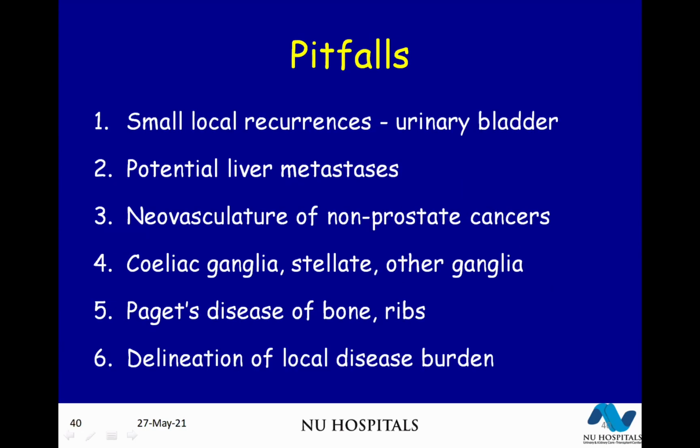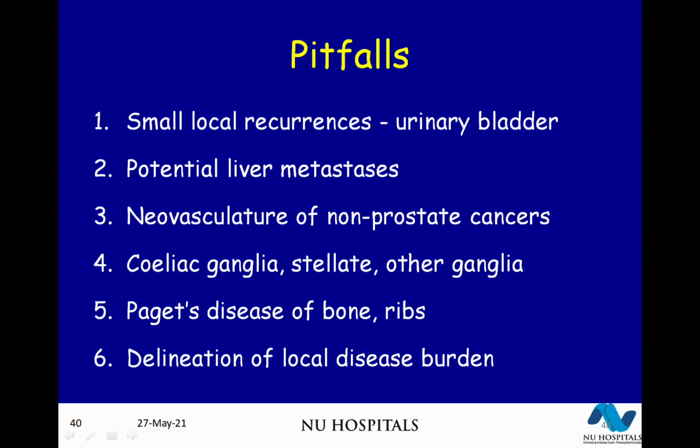And also the pitfalls: small recurrences in the urinary bladder cannot be made out, and potential liver metastasis, because of high background activity, so PSMA PET cannot be very advantageous in that. And neovascularity of non-prostatic cancers. And the celiac ganglion, stellate and other ganglia may sometimes be misdiagnosed as a lymph node because of the uptake seen in them.